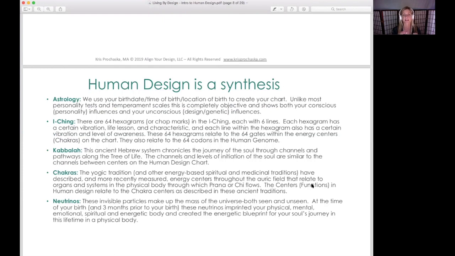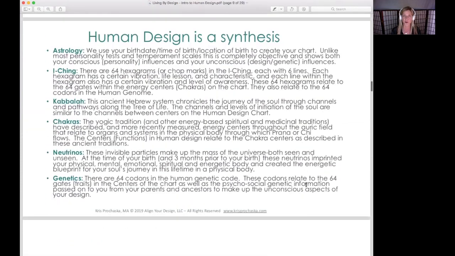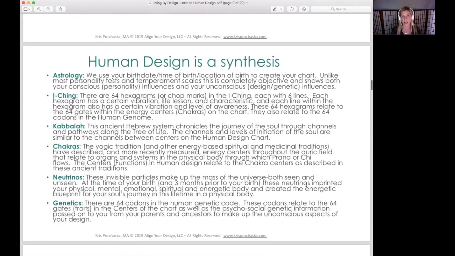And it creates that energetic blueprint for your soul's journey in this lifetime in a physical body, which is your human design. It's the vehicle in which your soul resides, hanging out in this suit, if you will, that we're moving through life within.